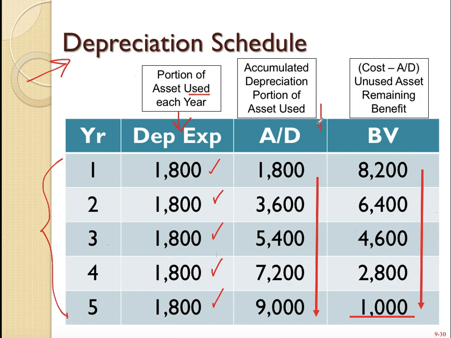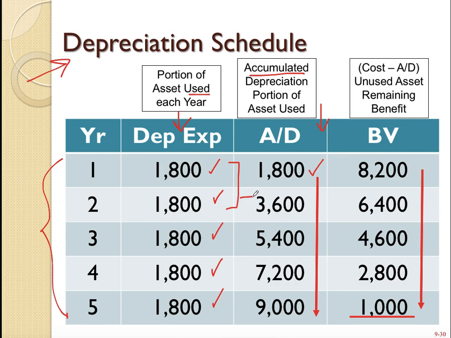Then we look at accumulated depreciation. What's going to happen to that account over time? Well, accumulated means like adding to. So accumulated depreciation is the account where we add up all of the depreciation. So in year 1, it's just 1 year. But in year 2, it's these 2 years together, right?